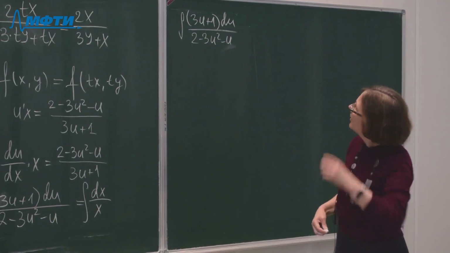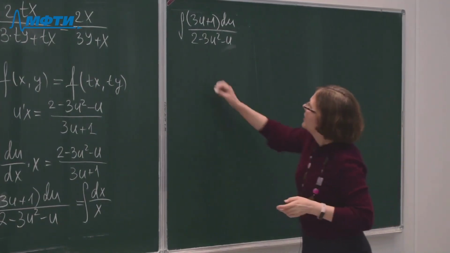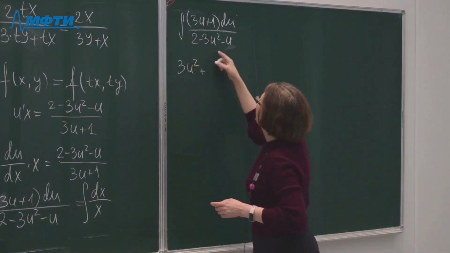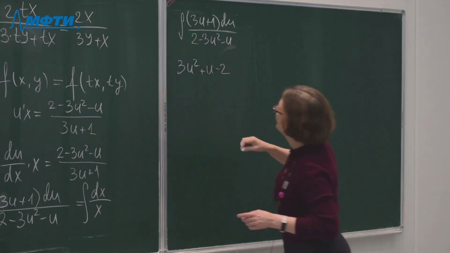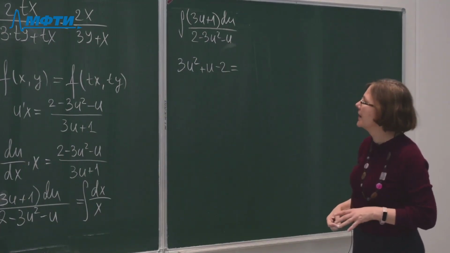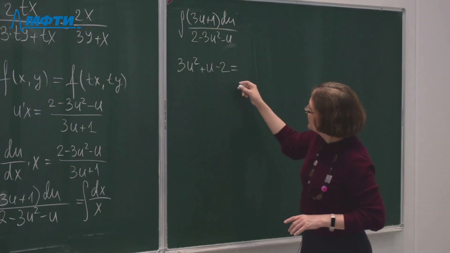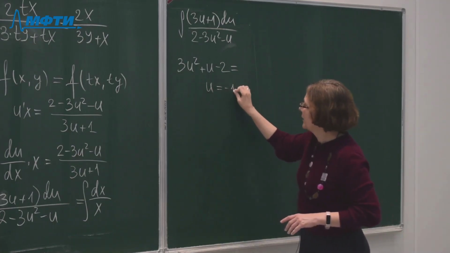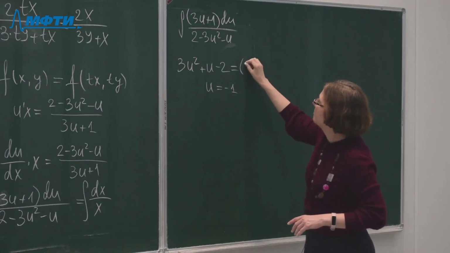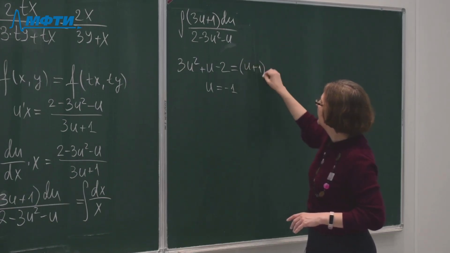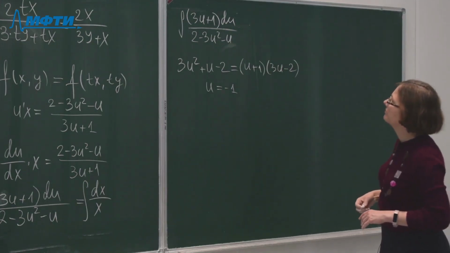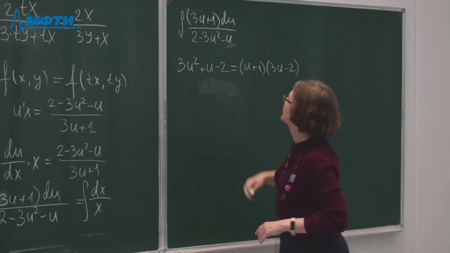If we try to find the roots of 3u squared plus u minus 2, it can be factorized, so one root is minus 1. Then it can be written as u plus 1 times 3u minus 2. Okay, then let's factorize it.